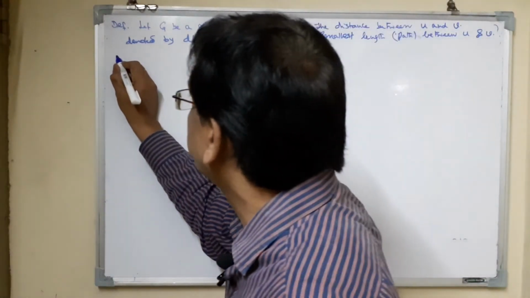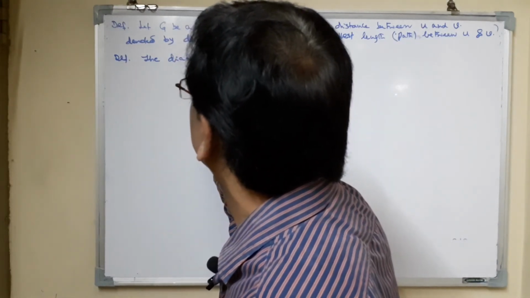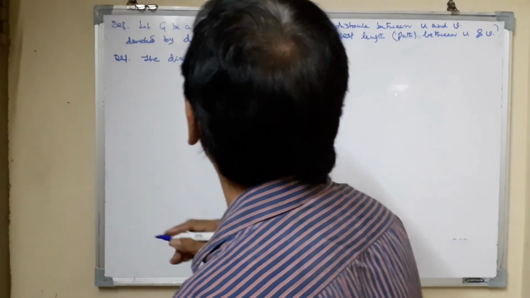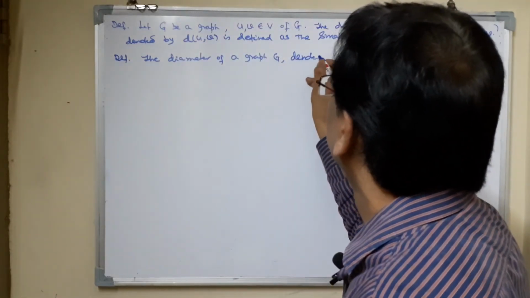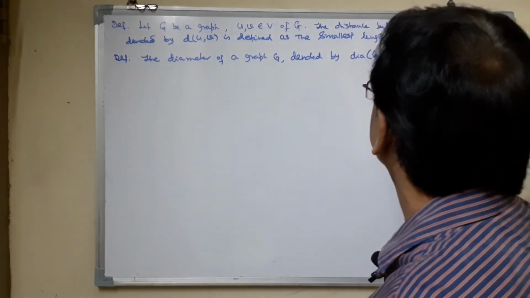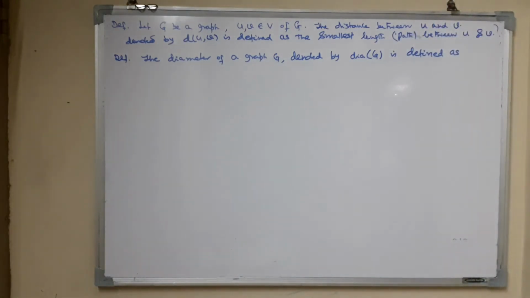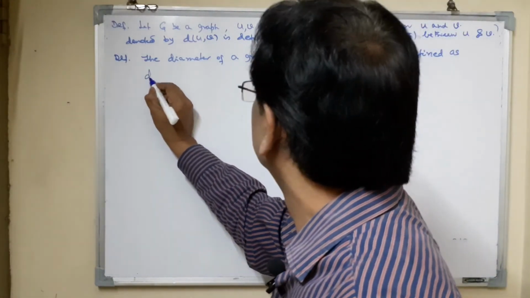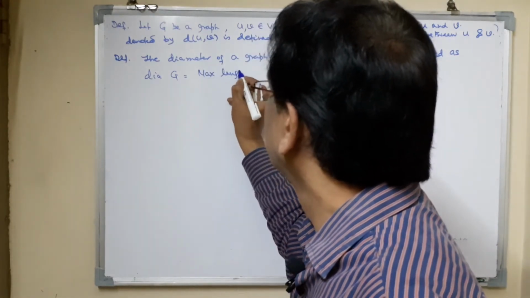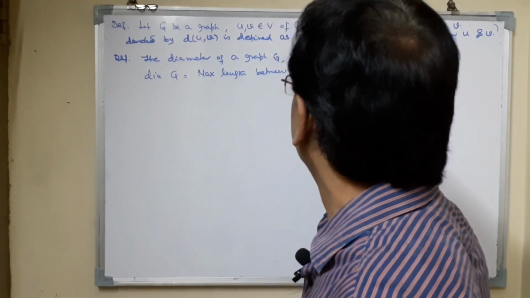Now, the diameter of a graph G, denoted by dia G, is defined as the maximum length between any two vertices.